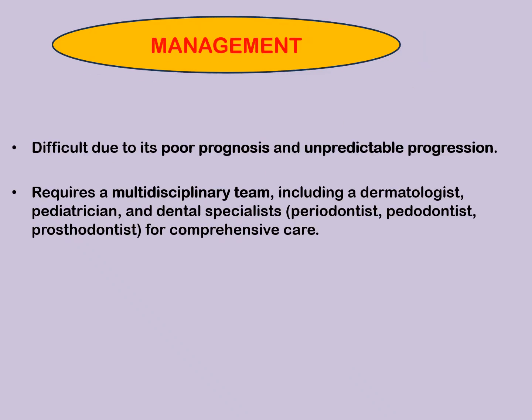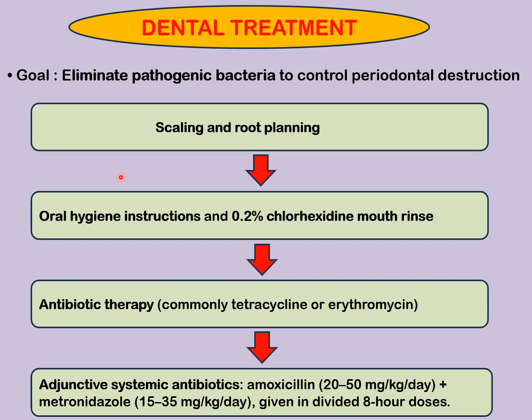Coming to the management of PLS, it is difficult due to its poor prognosis and unpredictable progression. It requires a multidisciplinary team which includes dermatologists, pediatricians and dental specialists for comprehensive care. Coming to the dental treatment, the main goal is to eliminate pathogenic bacteria to control periodontal destruction.